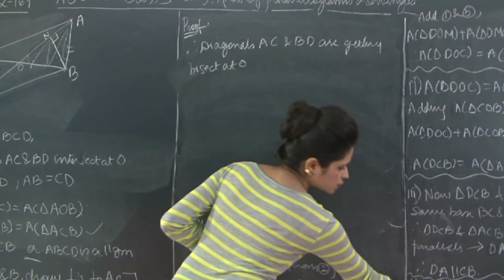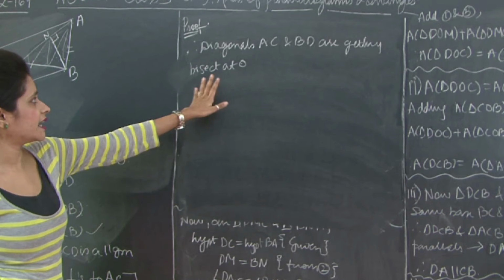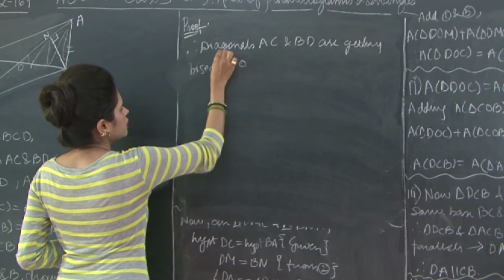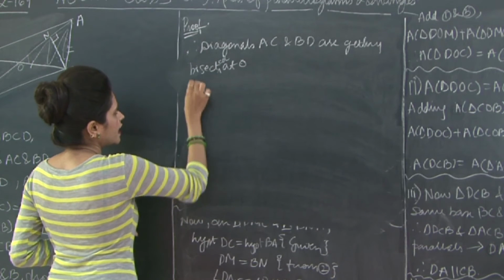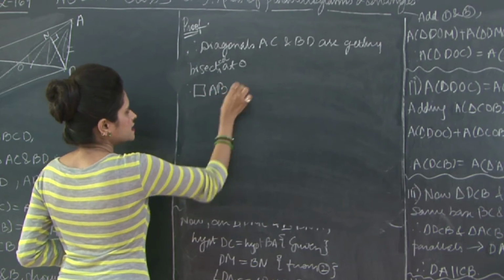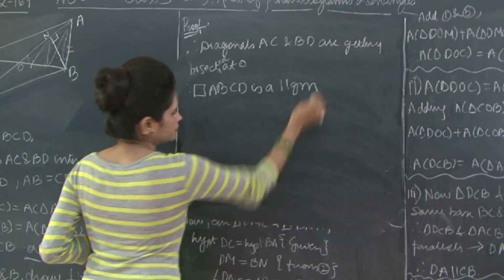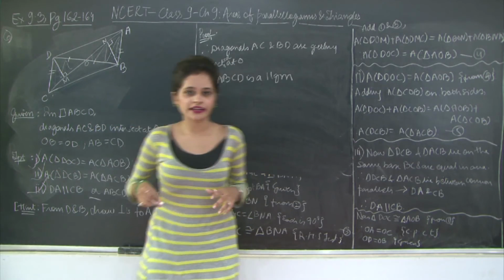Through this. OA is equal to OC and OD is equal to OB, which means that diagonals AC and BD are getting bisected at O. Therefore, I can say that quadrilateral ABCD is a parallelogram. Hence proved. So we have proved all the 3 sections.